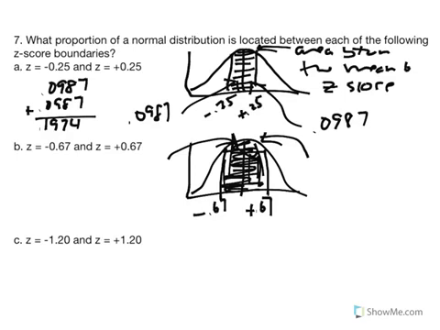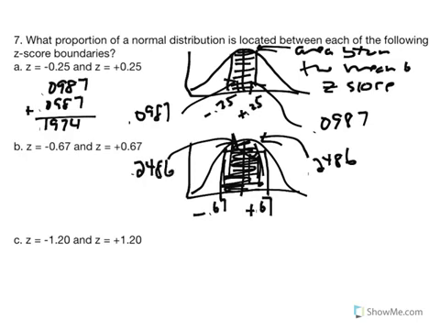So again, given what we learned using our unit normal table, this area between the mean and the positive z is 0.2486, and the equal distance on the negative side would be the same proportion of 0.2486.